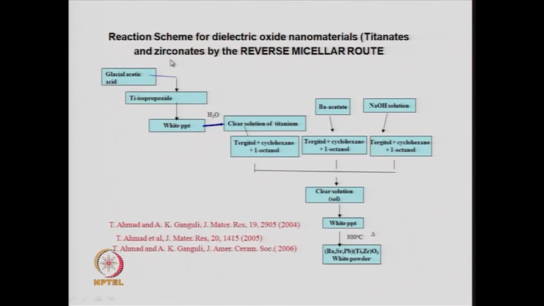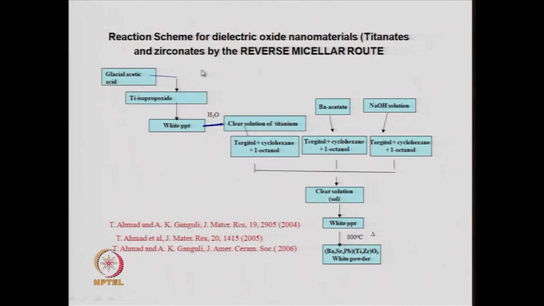So, this is a typical example of the reverse micellar route or the microemulsion method, where you use surfactants etc. to control the size of particles, as shown here. This is a flow chart of how one can synthesize dielectric nanoparticles, and typically we have discussed here titanates and zirconates.